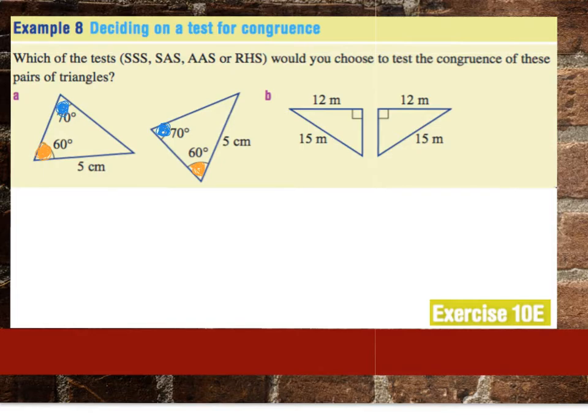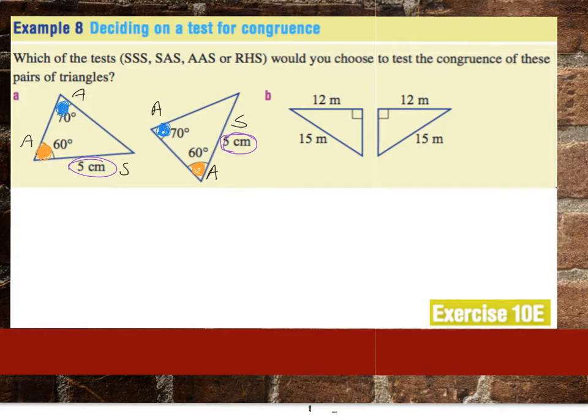So this side is the same as this side. So what I'm going to do is take my pen and write what I have. I've got an angle, I've got an angle and I've got a side. I've got angle, angle, and a side.